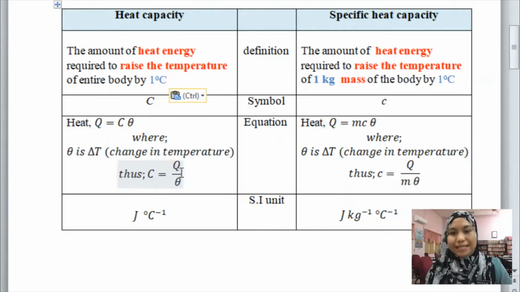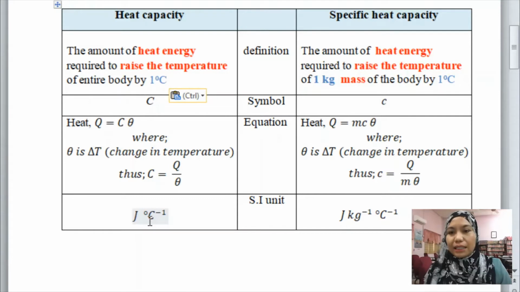Q, the heat energy, has the unit joule, over theta, the change in temperature, in degrees Celsius. So the unit for heat capacity is joule per degree Celsius.